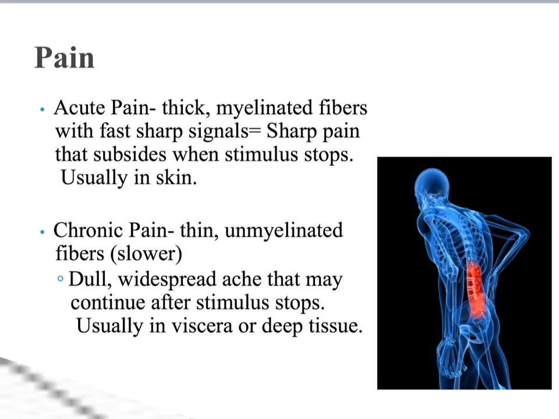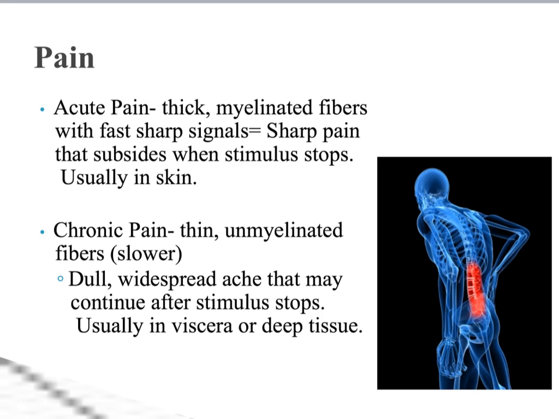So they usually categorize pain as either acute or chronic. And acute pain is really sharp, intense, stabbing pain. It's typically letting us know that there's tissue damage that's occurring, and those impulses are traveling on thick myelinated fibers. So that means the impulse is getting to the brain fast.